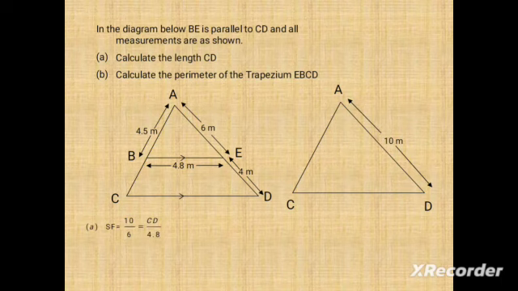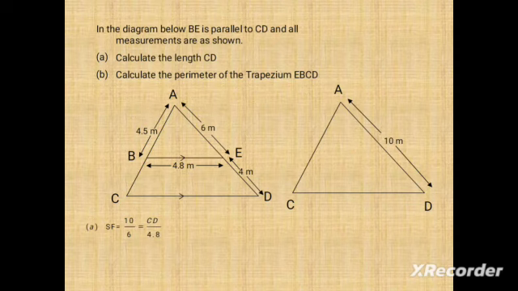We have to relate on the scale factor so that we are able to find the unknown length. So let's find the scale factor. That is the ratio of the corresponding sides, 10 and 6, because you can see that AD and AE are corresponding to each other.